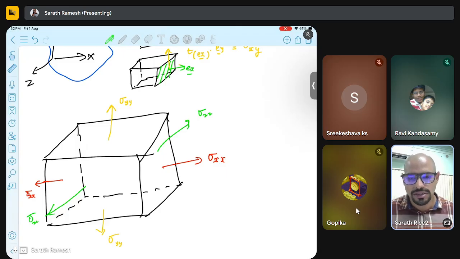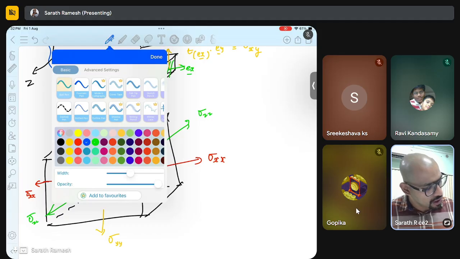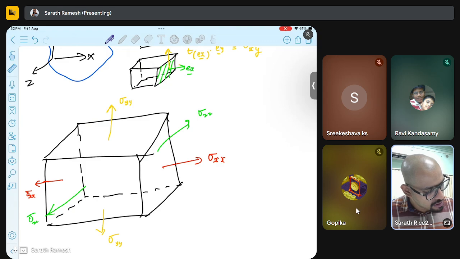Similarly, there are six shear tractions as well, which will be acting along the plane. So here, this is sigma xy. This will be sigma xy.